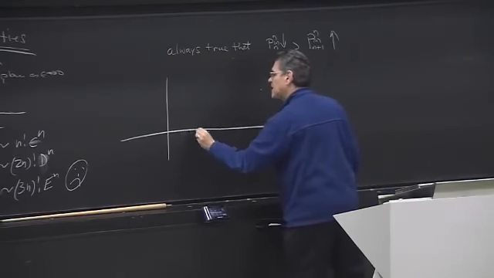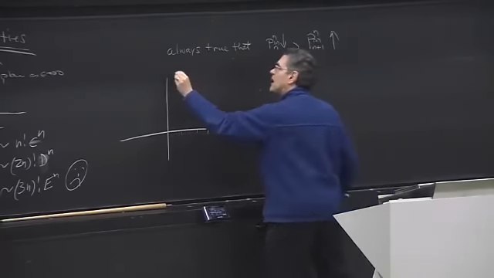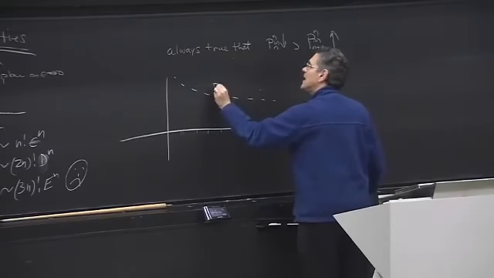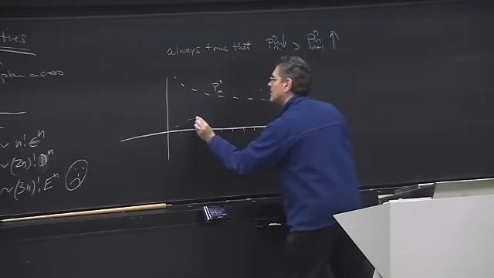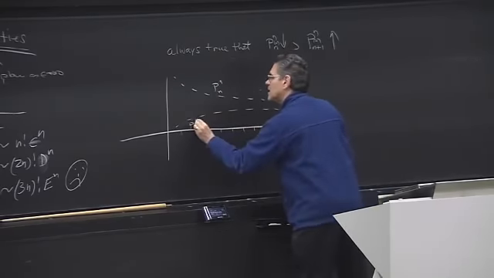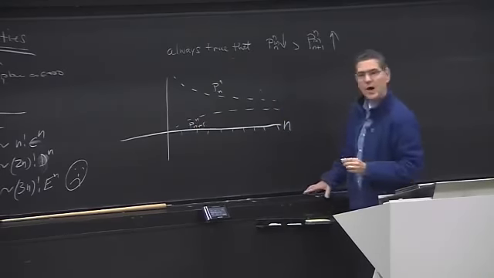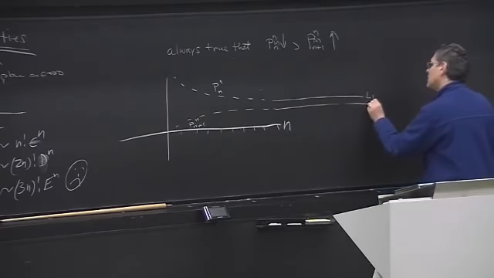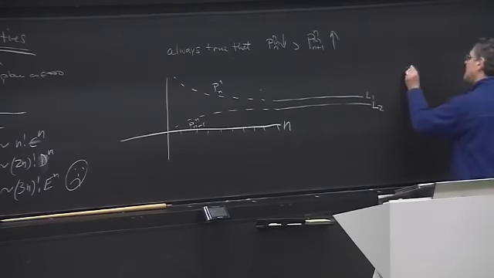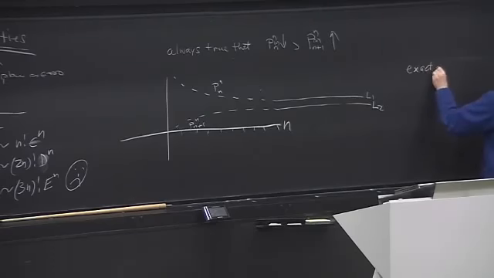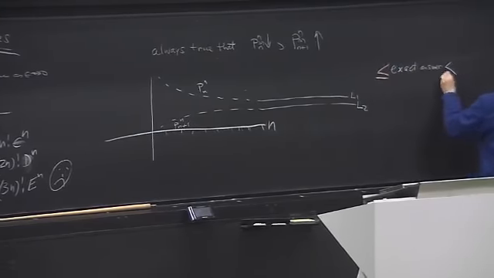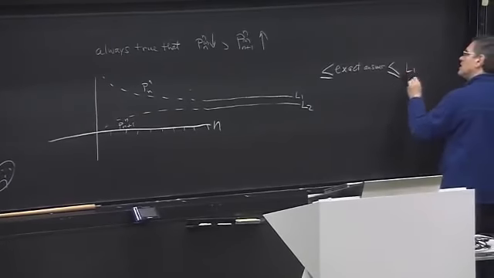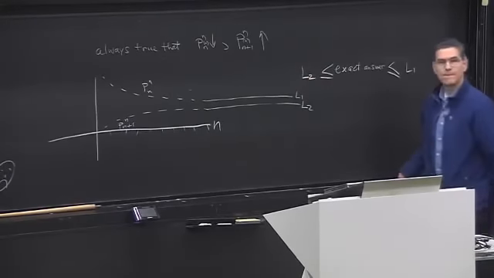So if this is n, the n Pades are going down, the n plus 1 Pades are going up, and these are approaching one limit, these are approaching another limit, and you can prove that the exact answer is strictly less than L1 and greater than L2.